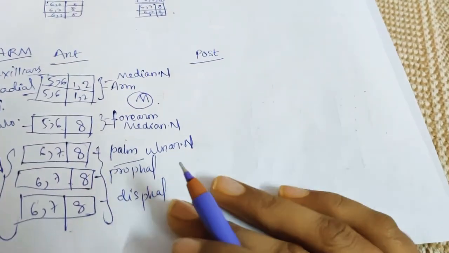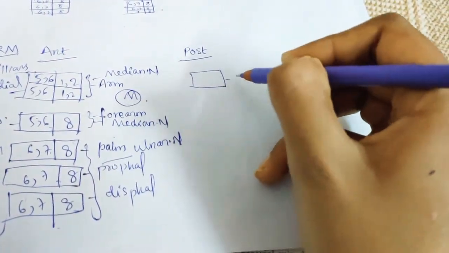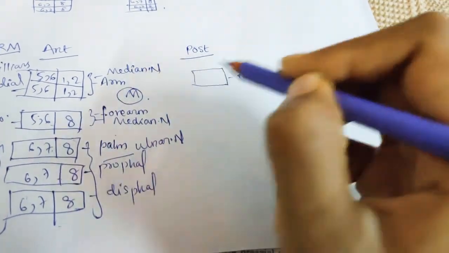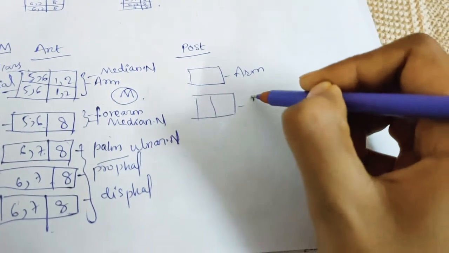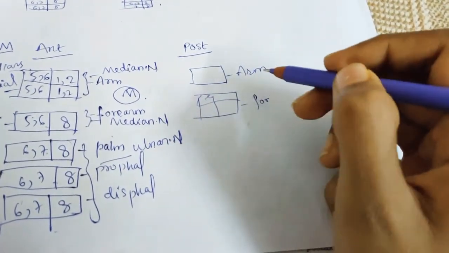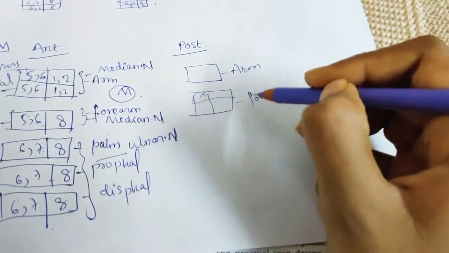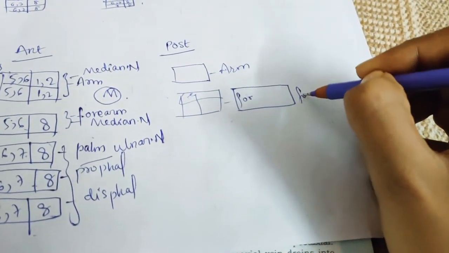Coming to the posterior side, also start making boxes, but for the arm make a special big box. For the forearm, don't make any compartments. This is for the forearm.